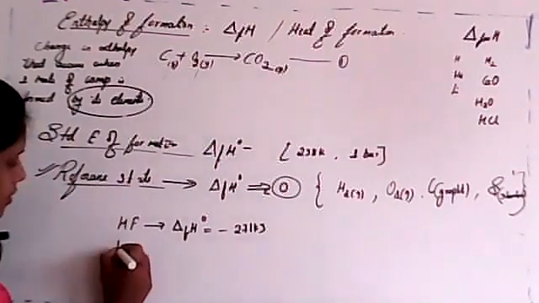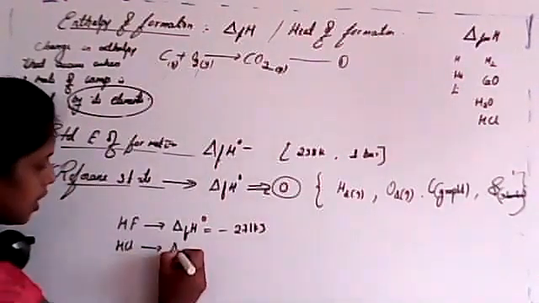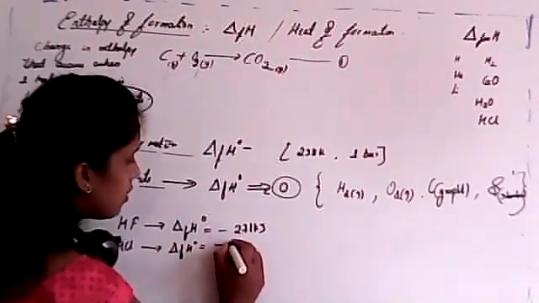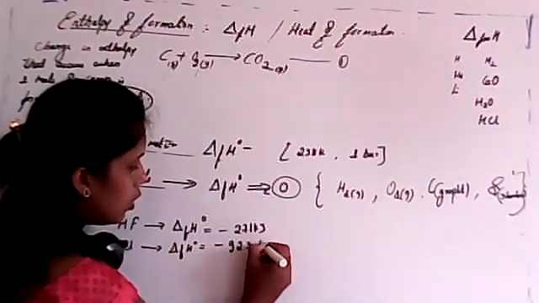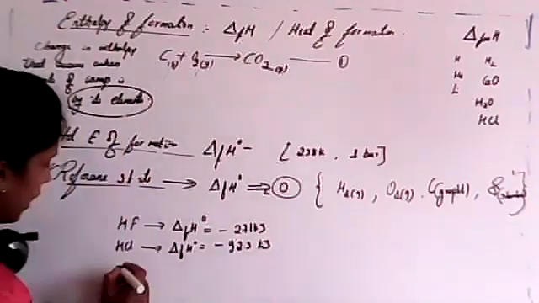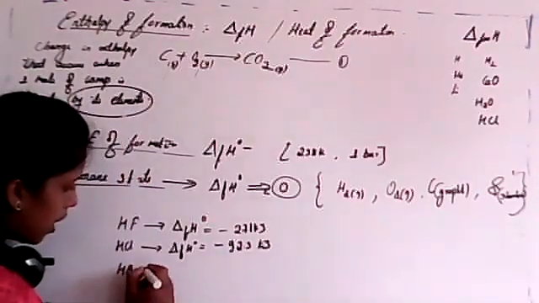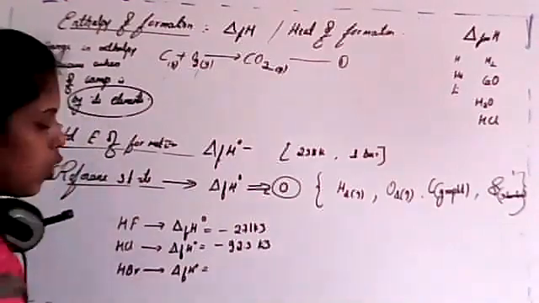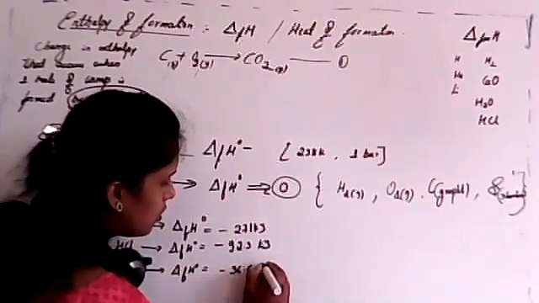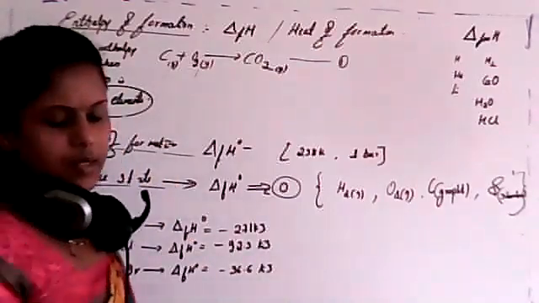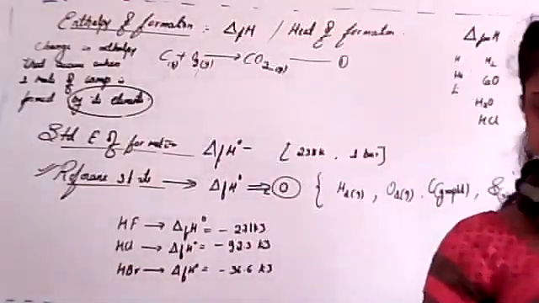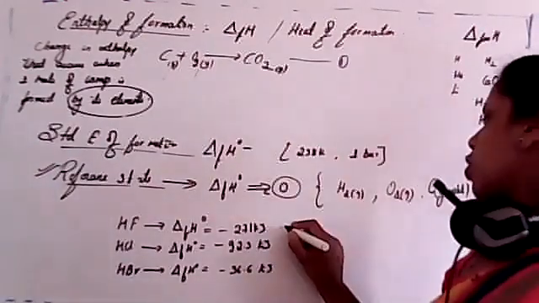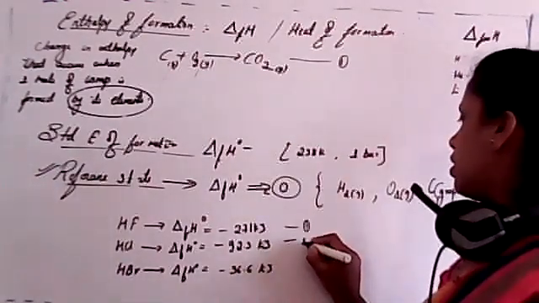Next, for HCl, the delta formation of H naught value is minus 92.3 kilojoule. Next, for HBr, the value of delta FH naught is around minus 36.6 kilojoule. Now just tell me which one of these 3 compounds is strong, that means stable.